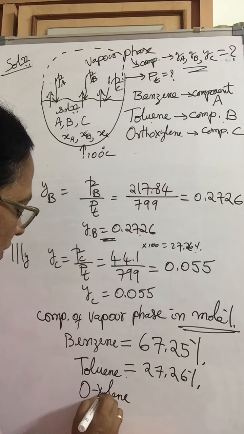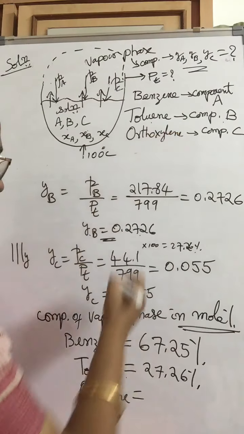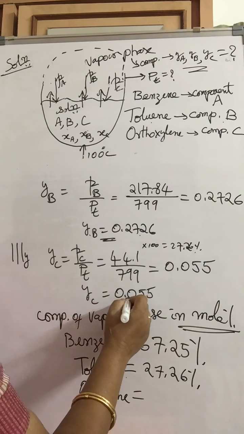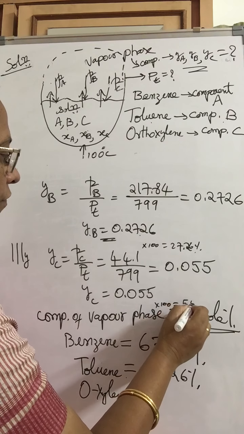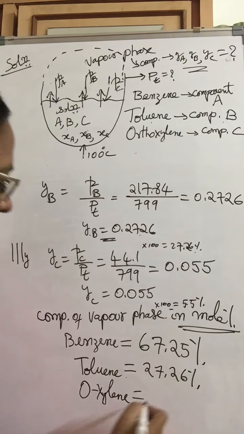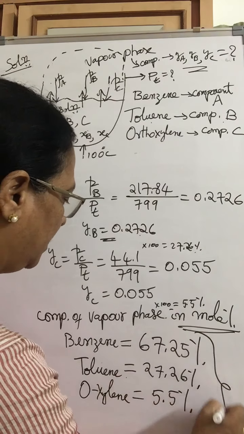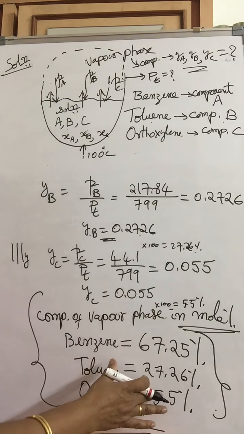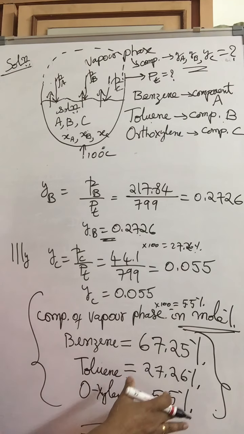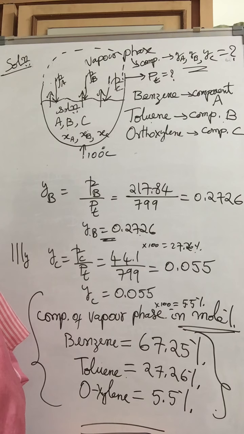C is ortho-xylene. So YC is equal to 0.055, and multiplied by 100 it is 5.5%. So this is the final answer, the composition of the vapor phase in mole percent. Okay, thank you.